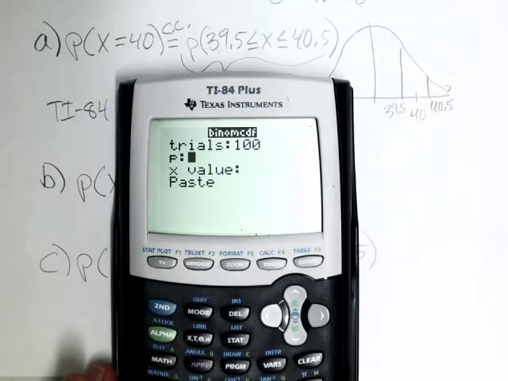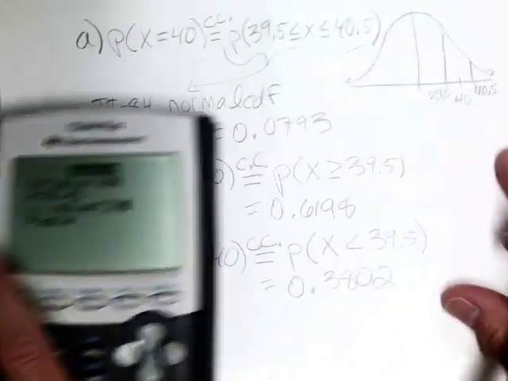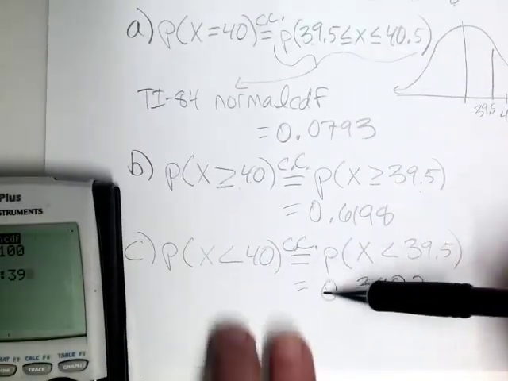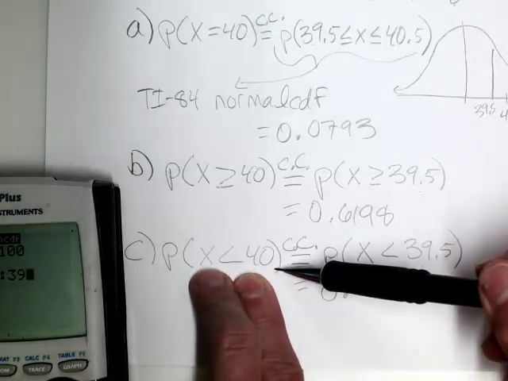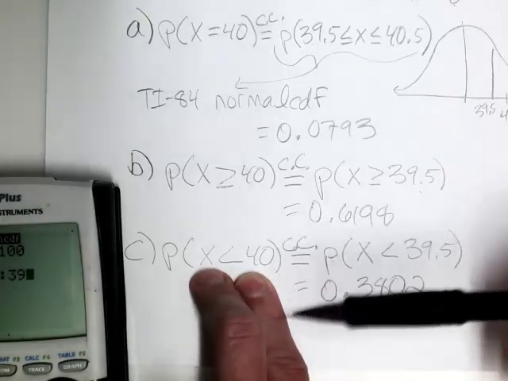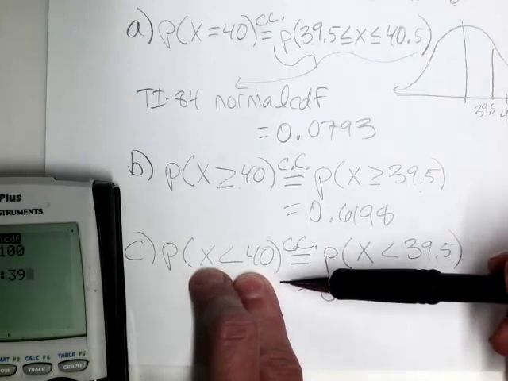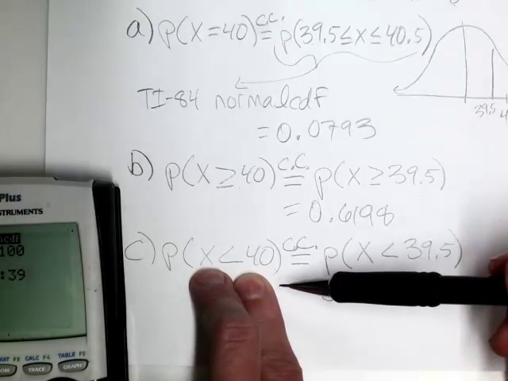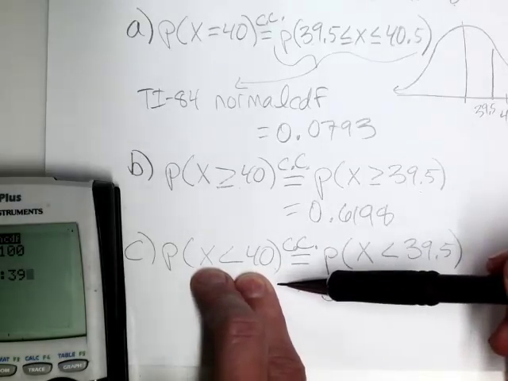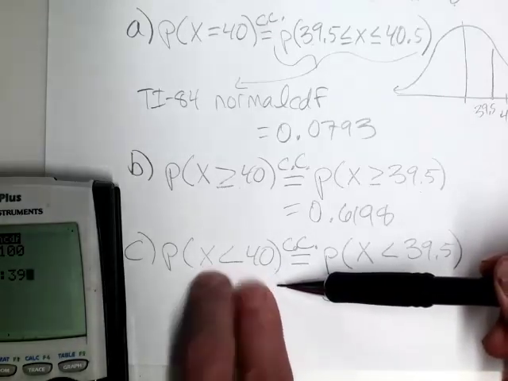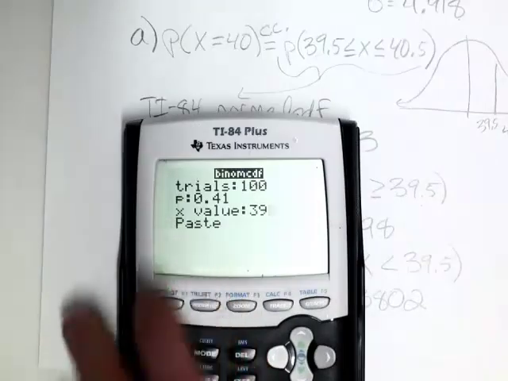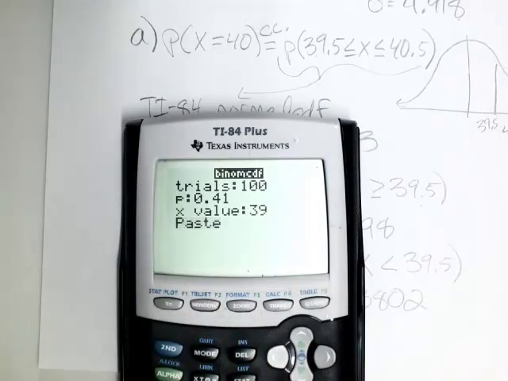My probability of success is 0.41, and my x value is 39. Okay, because if I'm sticking with the binomial case, X less than 40 does not include the 40. So if you recall from section 4.2, the section that covers the binomial distribution, we would have to stop at X less than or equal to 39. All right, so let's go ahead and put that in.